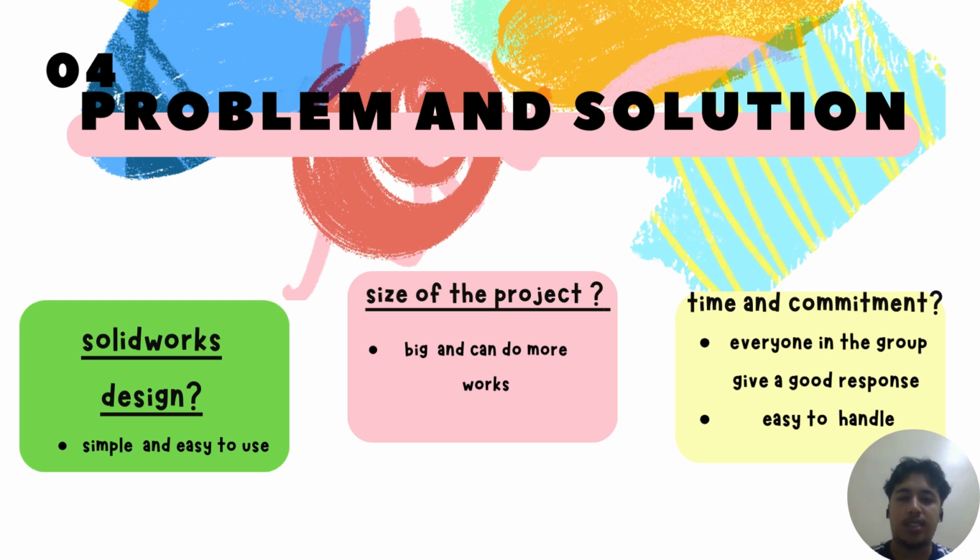For the SolidWorks design, our group decided to use the simple design rather than the complicated one, because the simple one is easy for us to make and easy to catch up with the due date of the project.